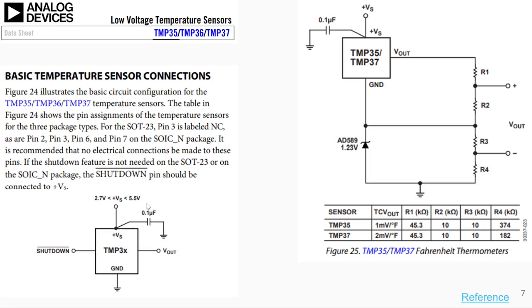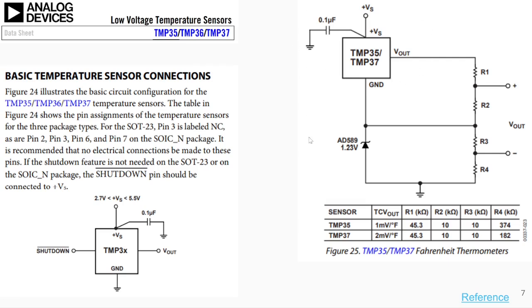Most ICs use a decoupling capacitor to avoid noise from the supply or from the environment, to improve the reliability of the functioning of that particular IC. You can go ahead and read it. This is exactly the same as what I told you in the previous slide.